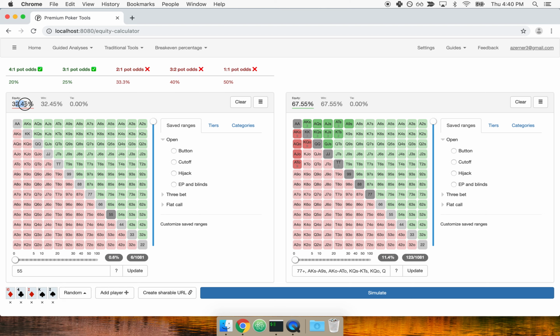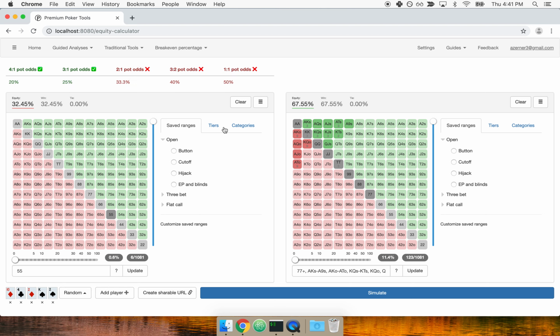And we have 32, so that's more than we need. So it's green and there's going to be a check mark. Whereas if we have 2-to-1 pot odds, we need 33.3 and we only have 32.4. So we have less equity than we need. So it's going to be red and there's going to be an X.